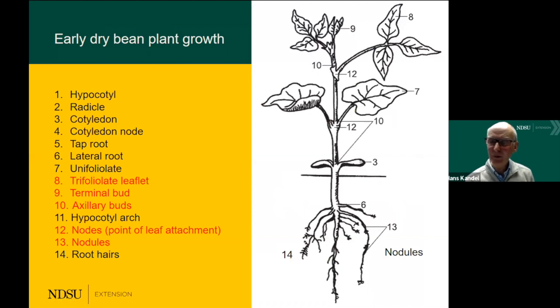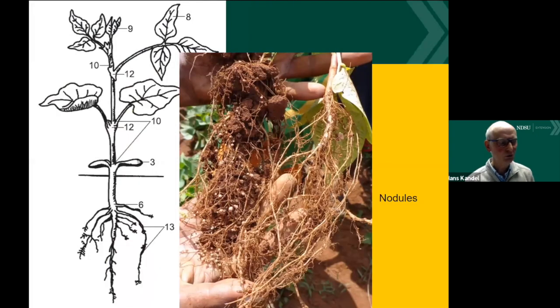So with damage due to hail or any damage by feeding, if we have some of the axillary nodes available, those will then start the regrowth process. We talked a little bit about the nodules also. Of course, the nodules are typically on the root system, and I have just a picture here to show you some of the nodules in the field.